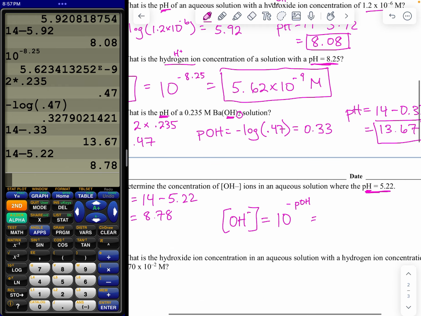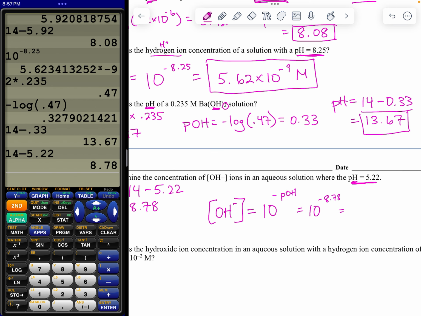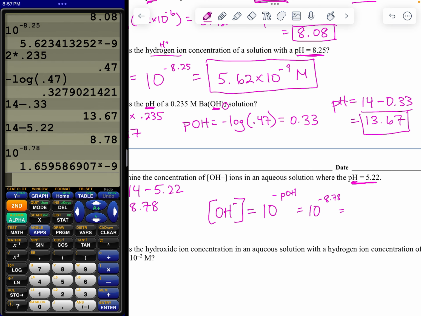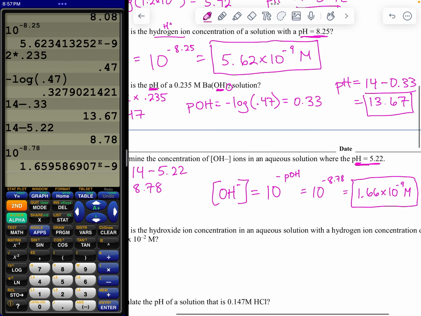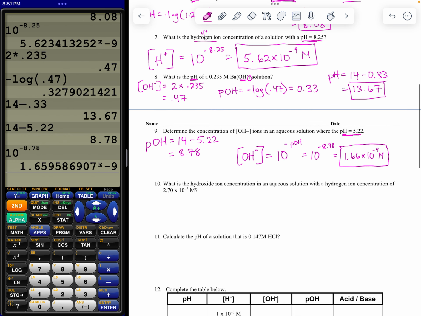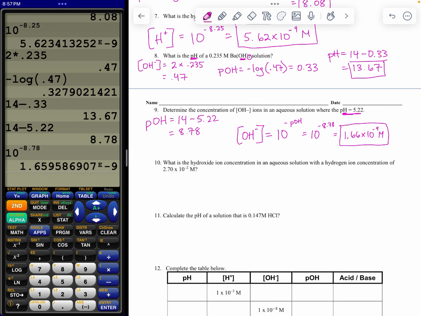So this is going to be 10 to the negative 8.78, since we're talking about OH, and that gives me a concentration of 1.66 times 10 to the negative 9th, and that is molarity. All right. So far, so good, hopefully. Again, if you have questions, always reach out.